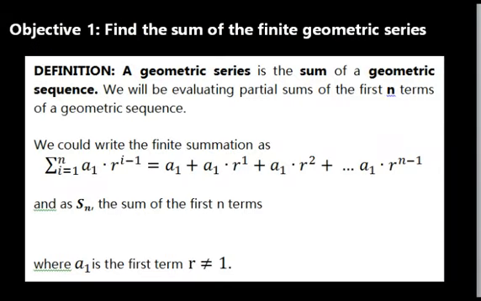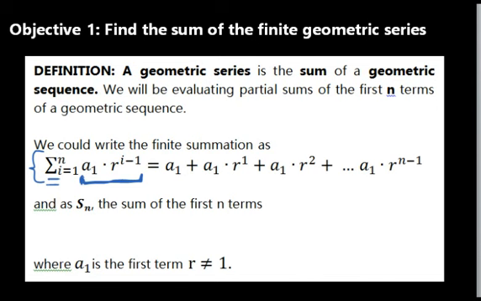So our first objective is to find the sum of a finite geometric series, and we'll write in the definition that we have just proved. But first, I want you to recall the summation notation, or sigma, and how it relates to the series. This says we are going to take the summation of a series generated by the rule a sub 1 times r to the i minus 1, all the way up to the nth term.